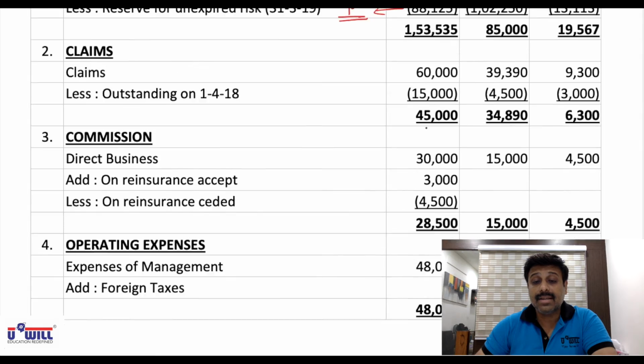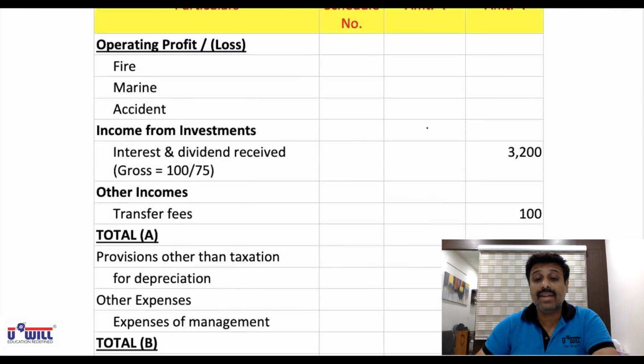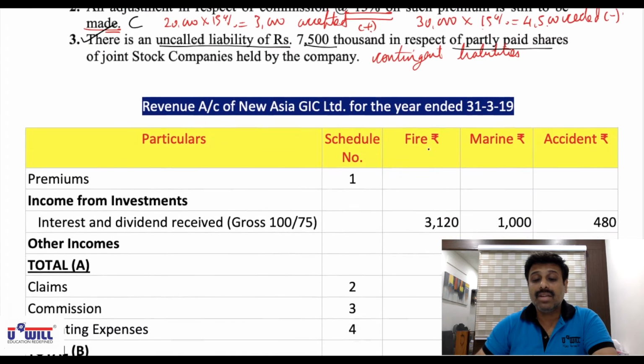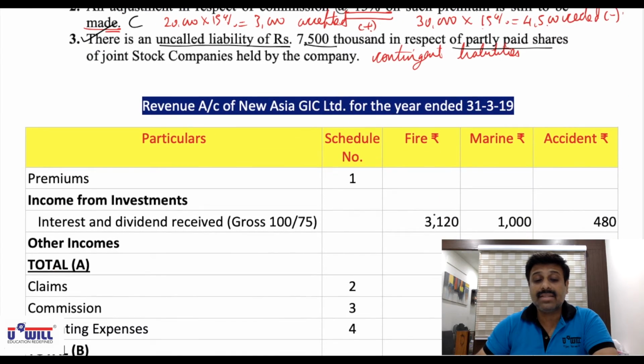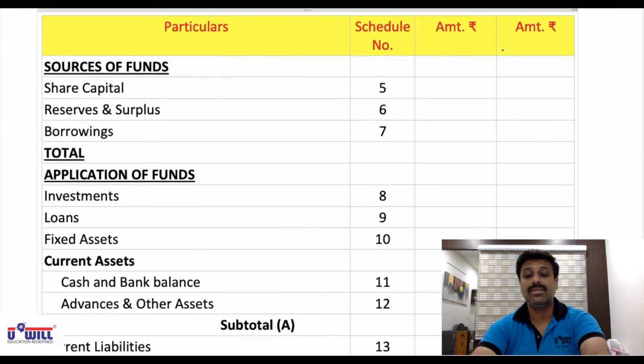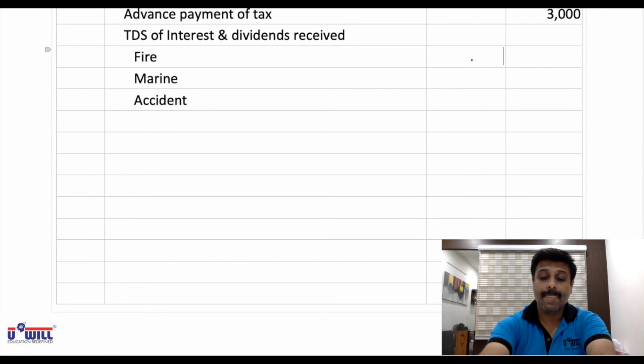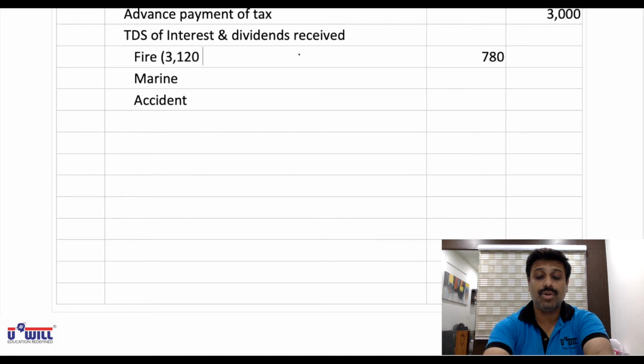You can see here, for fire, interest and dividend received is 3,120 in the revenue account, and against that 2,340. So the difference, 3,120 minus 2,340, TDS is 780 rupees. For fire it is 780. How did we get this 780? 3,120 minus 2,340.